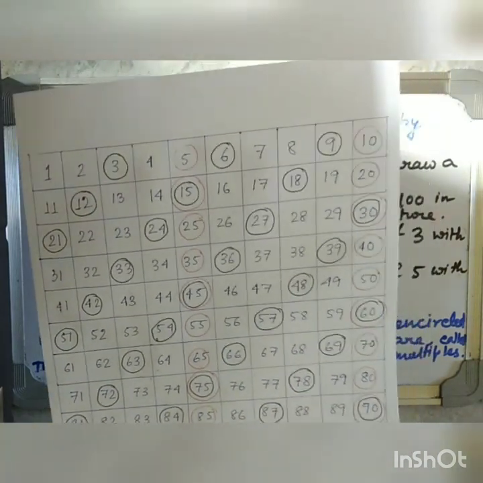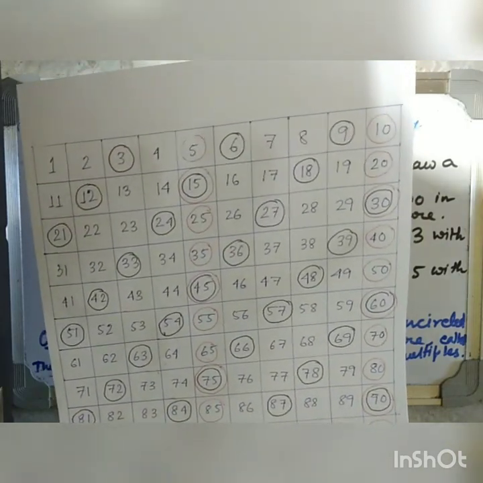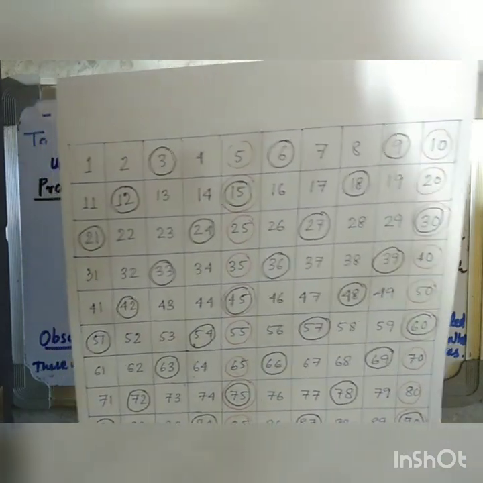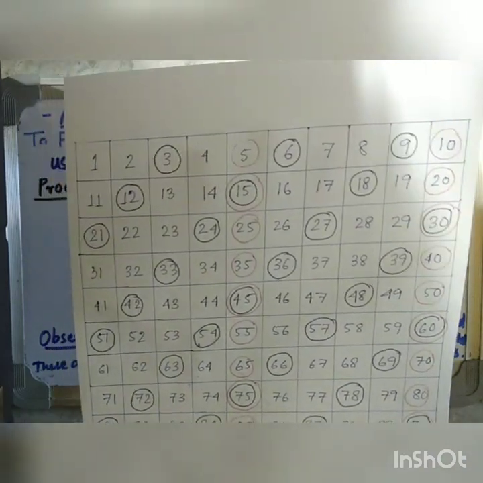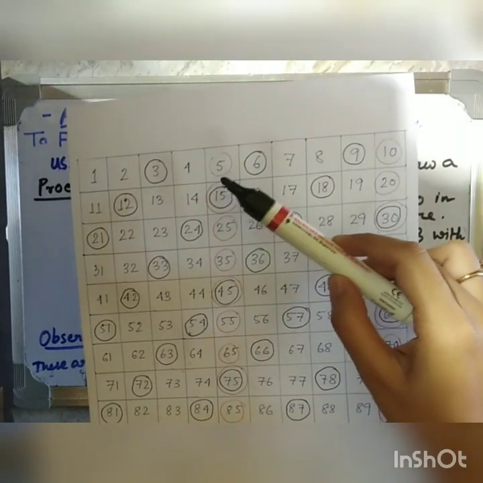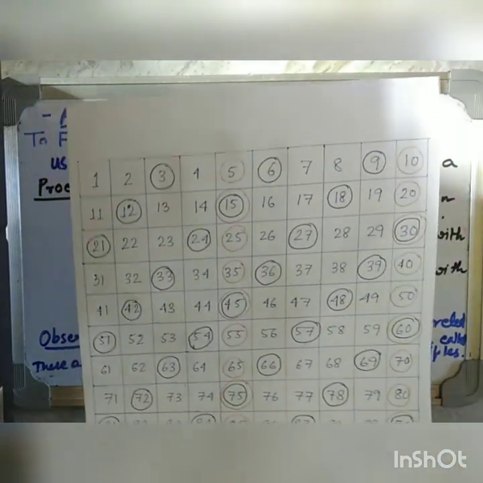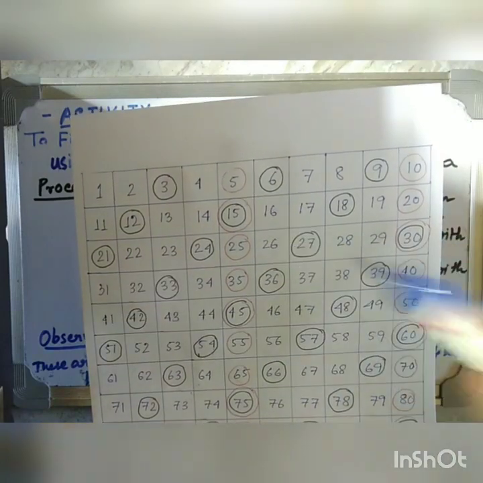Okay. Now what we have to do? We have to find the least common multiple of 3 and 5 for these two numbers. Now for finding the common multiples, what we have to do? We have to just see which are encircled by both red and black pen. You can see these numbers which are encircled by both red and black pen.